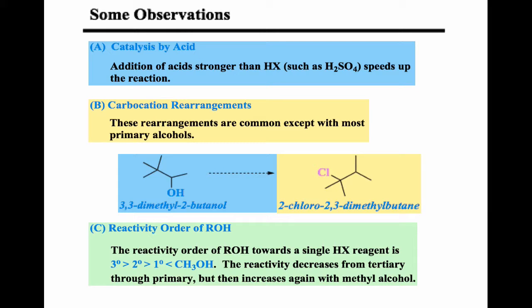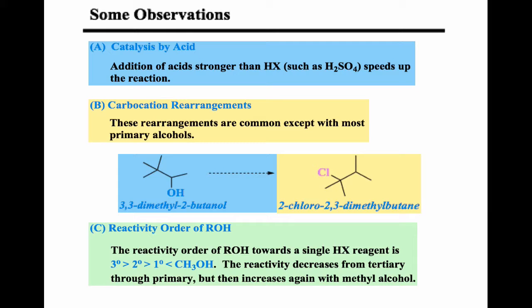A lot of people will look at methanol and say that's a primary alcohol. It's not. It's its own class in these reactions. A primary alcohol has to have a primary group attached to the carbon bearing the OH. Methanol only has hydrogens.